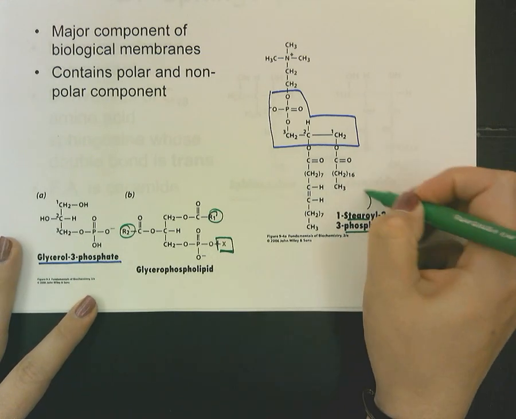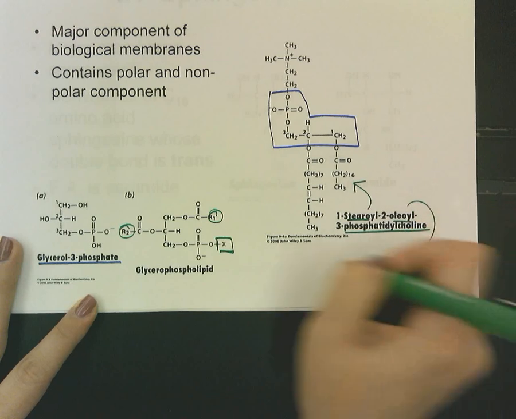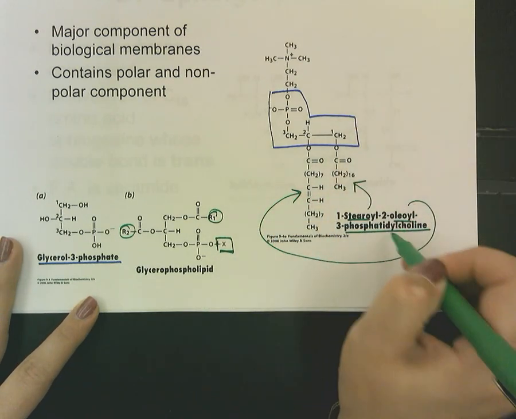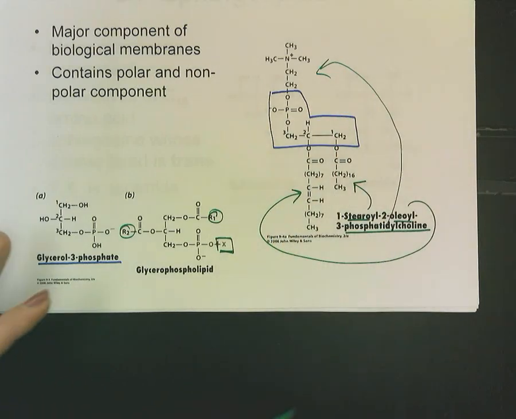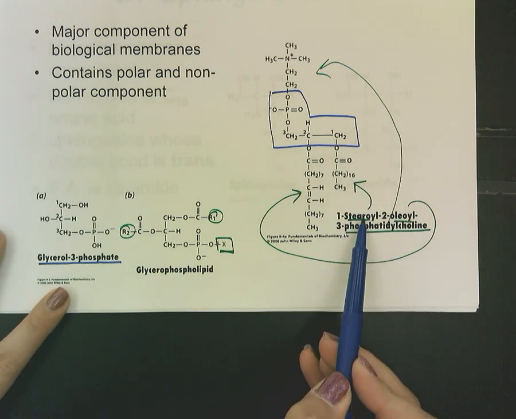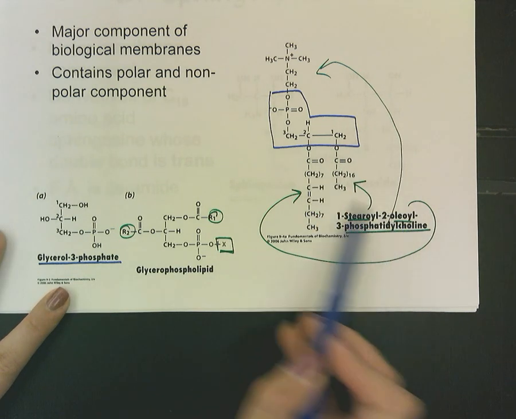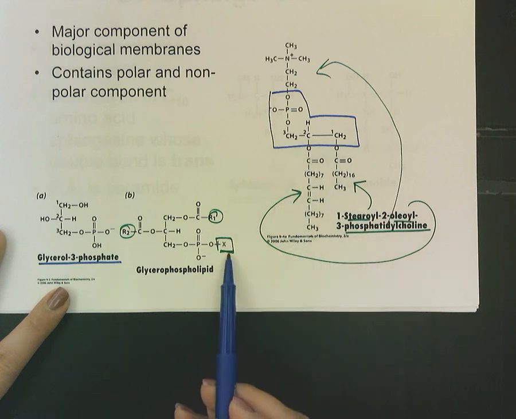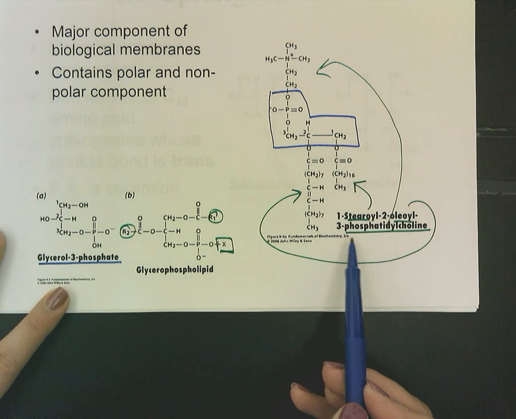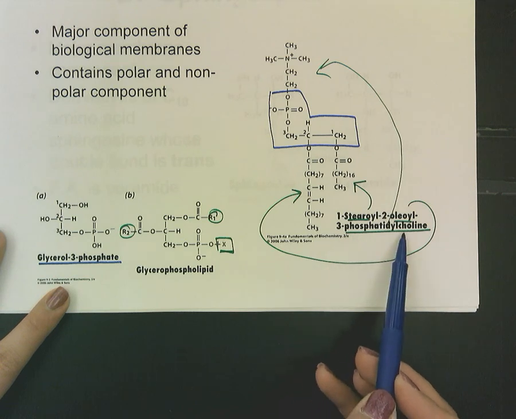So sterol is this one, that's that one, phosphatidylcholine is up here. So the name tells you which ones they're stuck off of, right? Number 1 carbon is a sterol fatty acid. Number 2 is an acyl fatty acid. And a third group, which they call X, could be a fatty acid or it could be a different functional group. And in this case, it has a choline function to it.